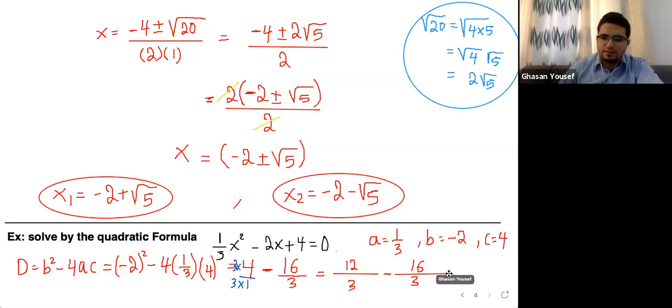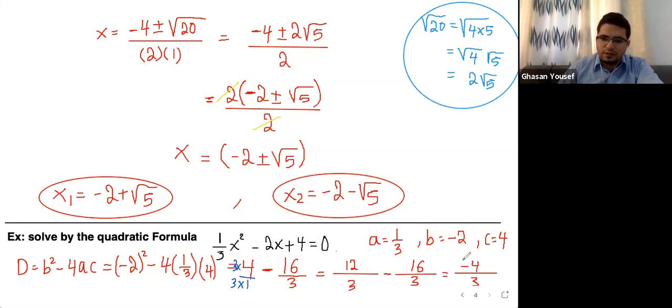What is 12 minus 16? -4. Negative 4. This is correct. So the result is negative 4 over 3.